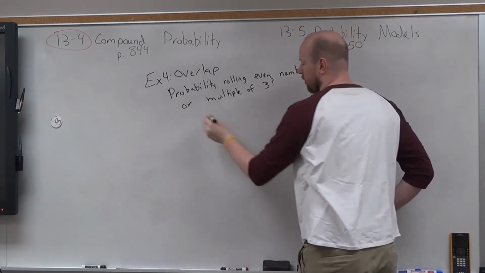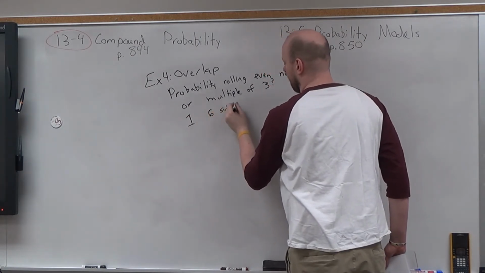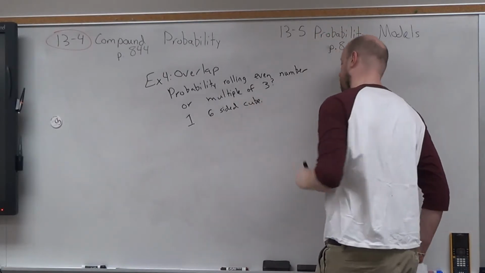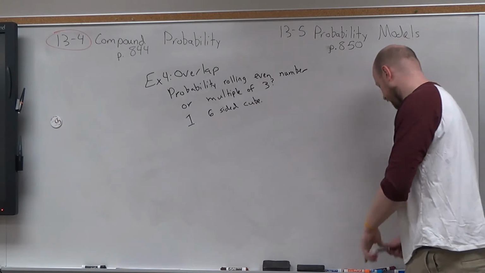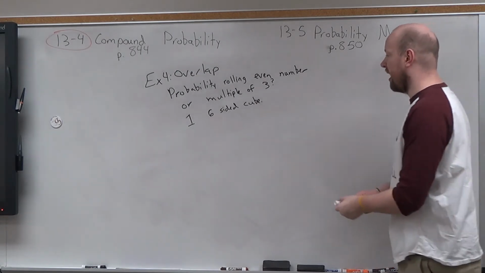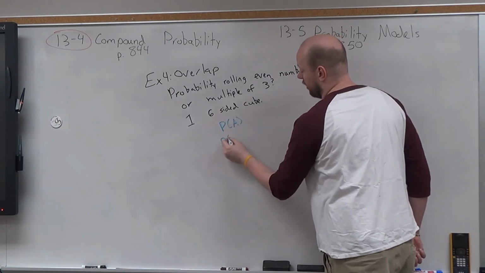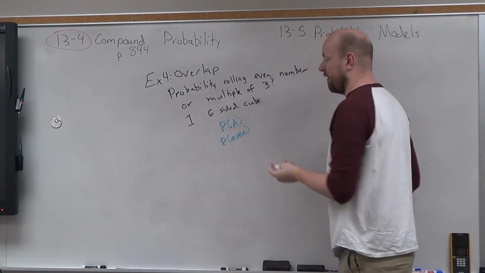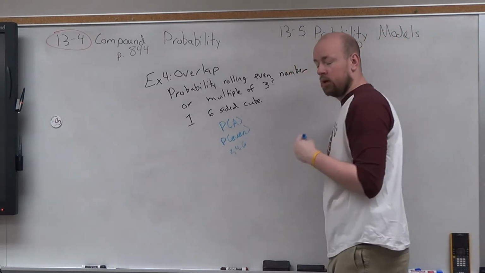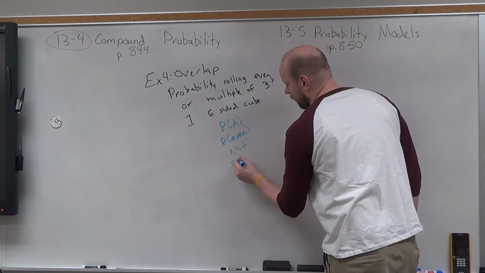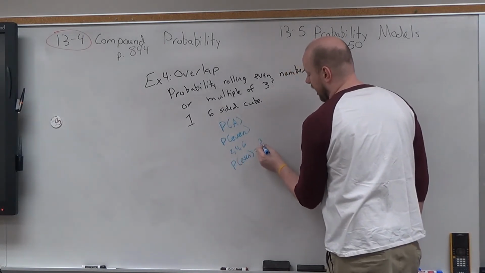And we're just going to do one 6-sided cube. Okay. One 6-sided cube. So my A event, P of A, which would be my probability of rolling an even number. Well, if I have a 6-sided cube, I could roll a 2, 4, or 6. So my probability of rolling an even number would be 3 out of 6.